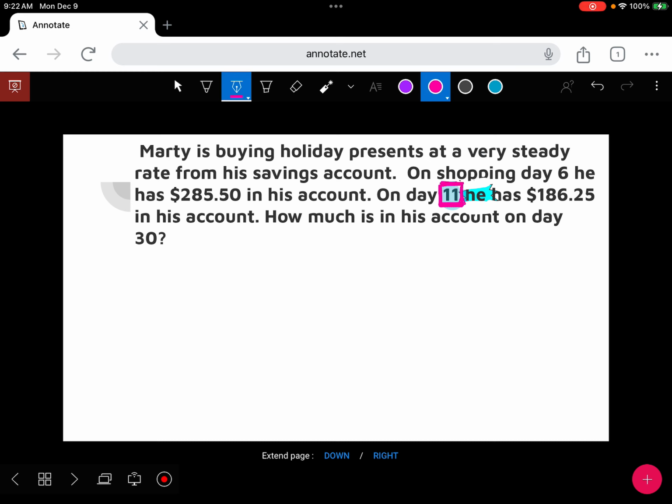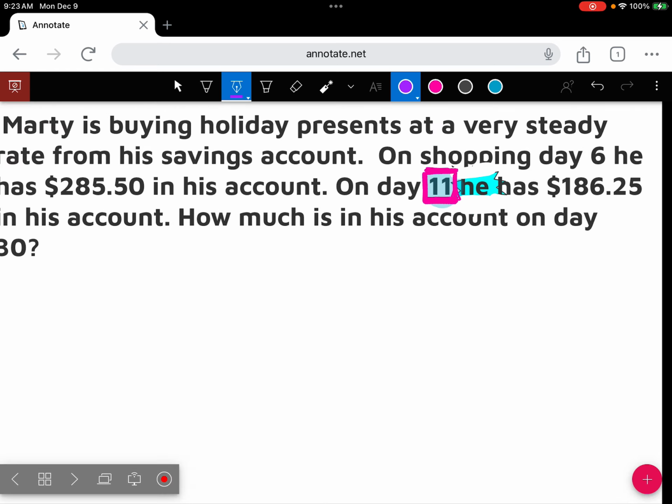What can we do here? So I know that on day 6, he has $285.50. And I know that on day 11, he has $186.25.